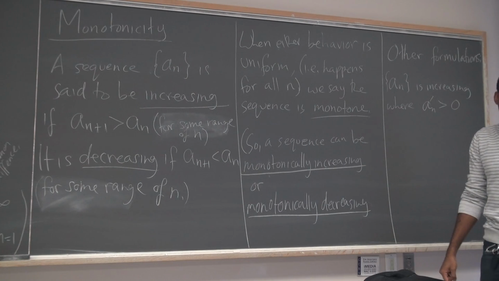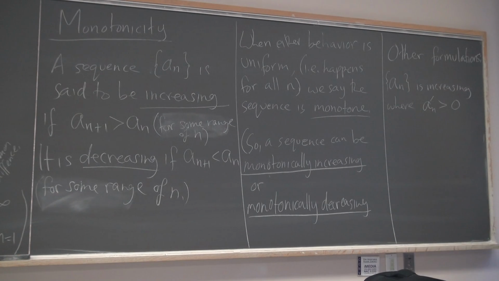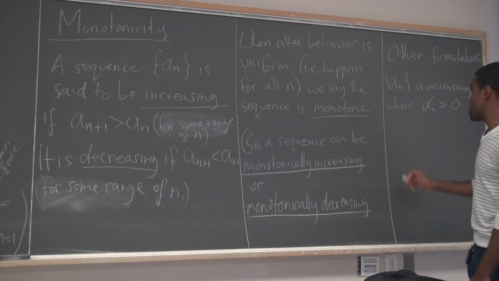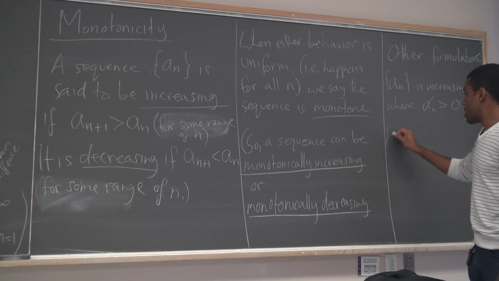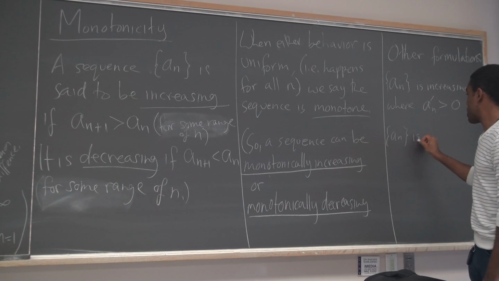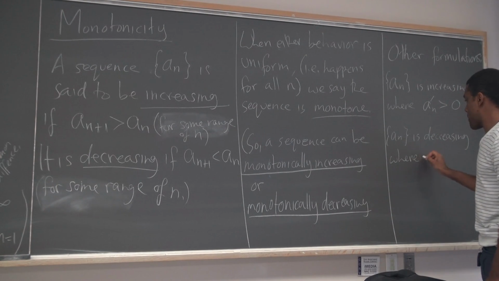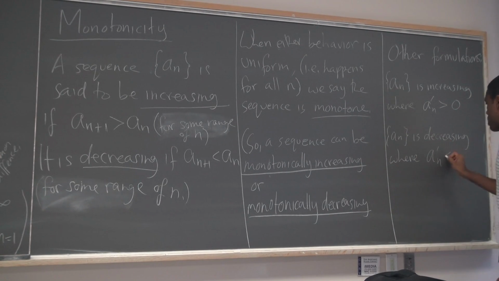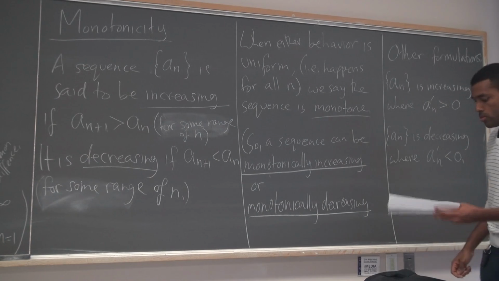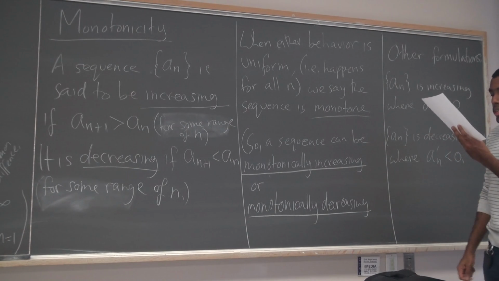Remember, we think of a n as a function of n. So if I take the derivative with respect to n, and I always get a positive number, that means it's increasing. a n is decreasing where a n prime is less than 0. Okay.